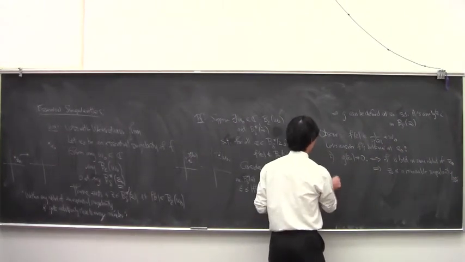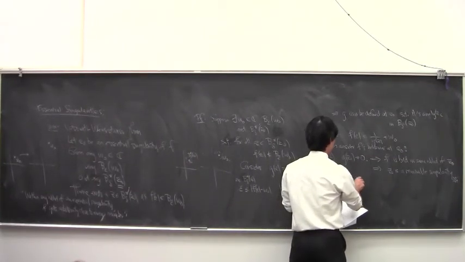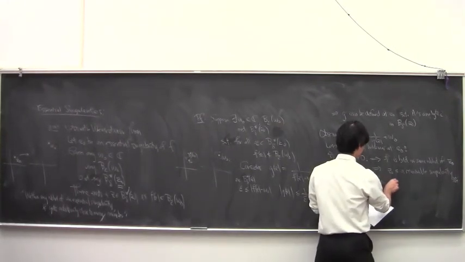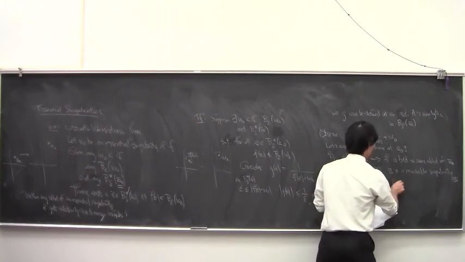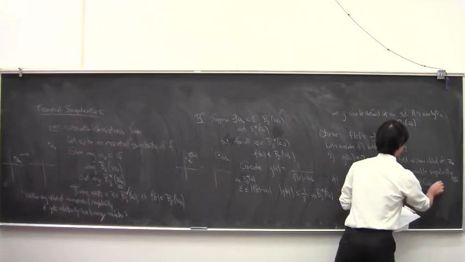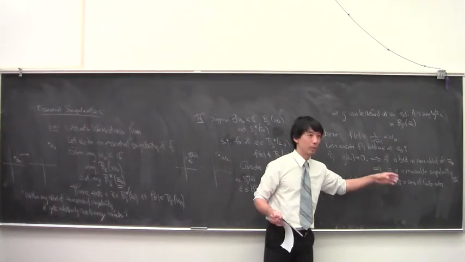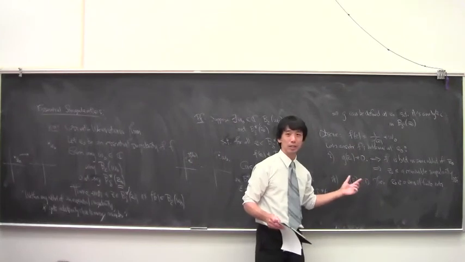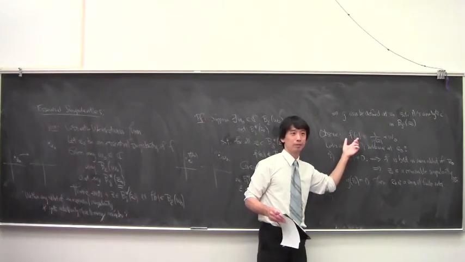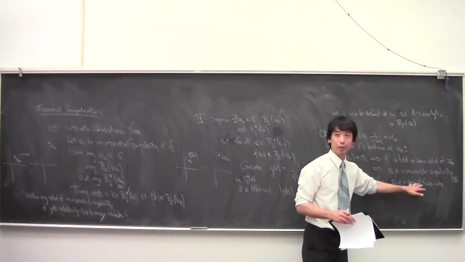The other possibility, where we're going for a contradiction, so this should also end with a contradiction. Let's suppose that g of z naught is 0, then z naught is a 0 of finite order. If z naught were a 0 of infinite order, then there would be a neighborhood in which g is constantly equal to 0, and then your singularity would not be isolated. You remember it's an isolated singularity. So it's going to be a 0 of finite order.